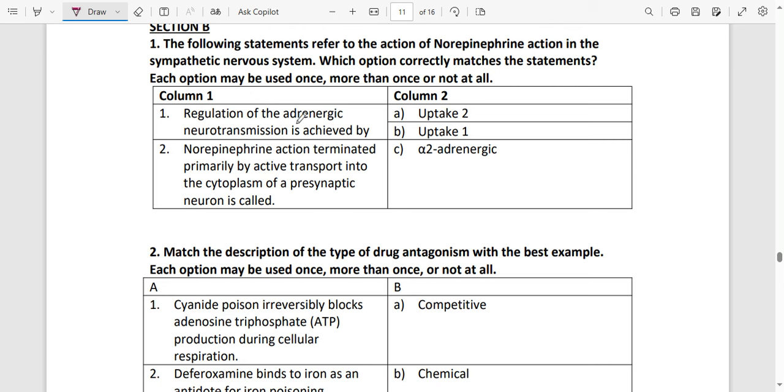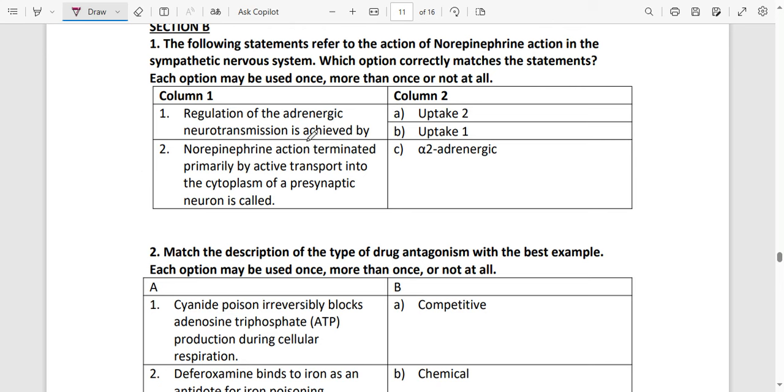Regulation of adrenergic neurotransmitter is achieved by, and norepinephrine action terminated primarily by active transport into the cytoplasm of a presynaptic neuron is called. So let's start with two.